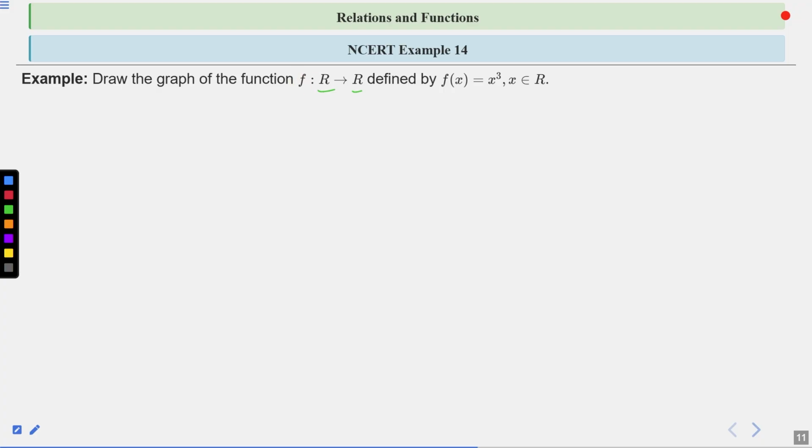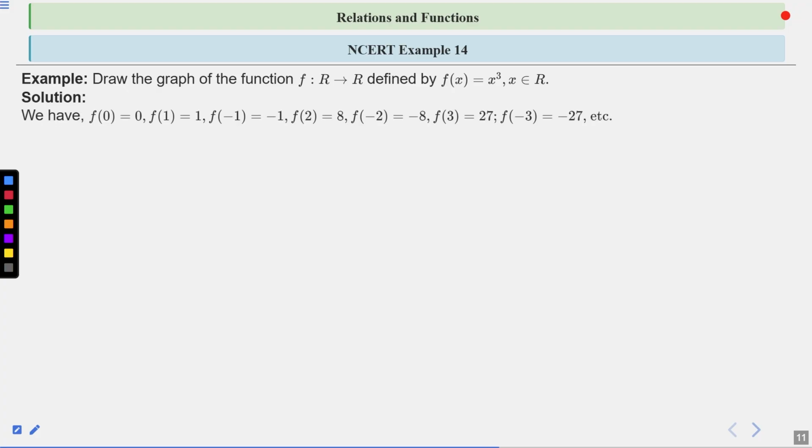Now this example. A function is given to you from R to R, meaning your domain set is the complete set of R and the codomain set is also the complete set of R. The function is defined by x cube, meaning x is related to the element x cube. Then what you have to do is simply draw the graph for this function f(x) equals x cube. Quite simple.